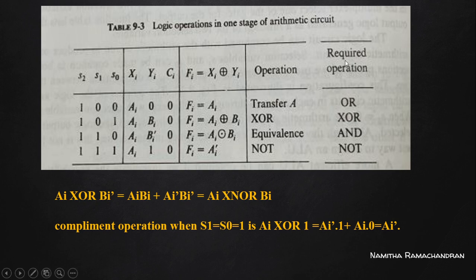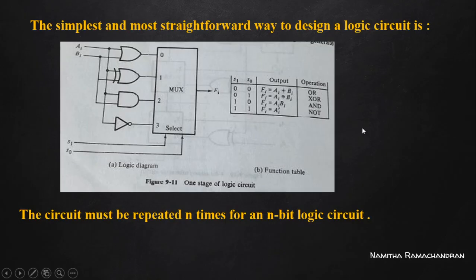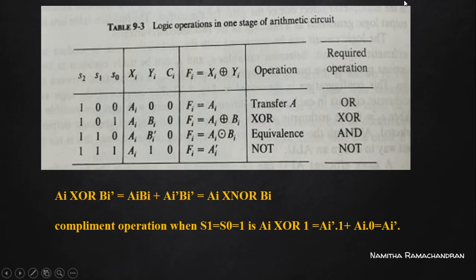Right, but what are the required logical operations correspondingly? Logical OR, logical XOR, logical AND and logical NOT. These are the four logical operations that we are going to implement, which is clear from this particular diagram. Based on that, it is clear that the XOR operation and NOT operation are directly possible from our arithmetic full adder circuit.